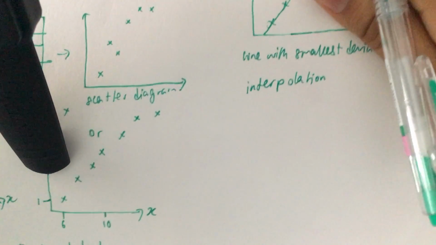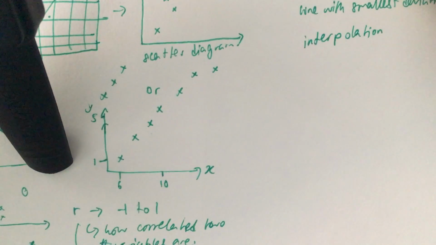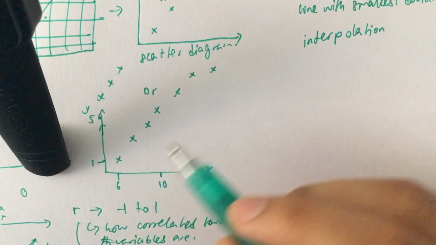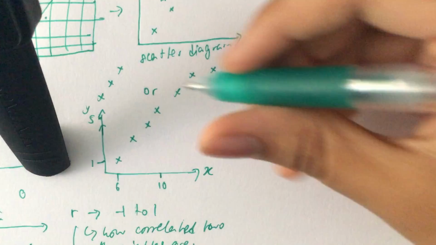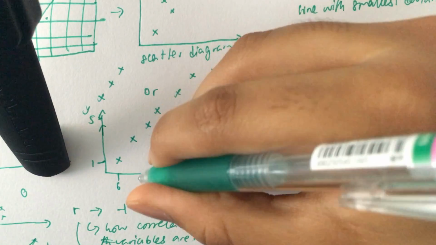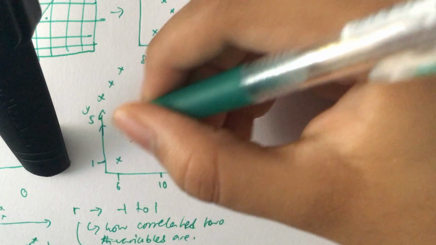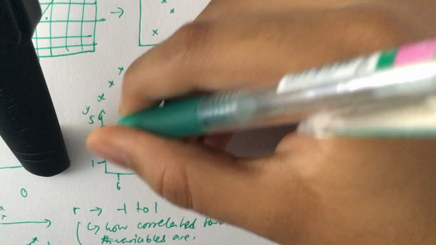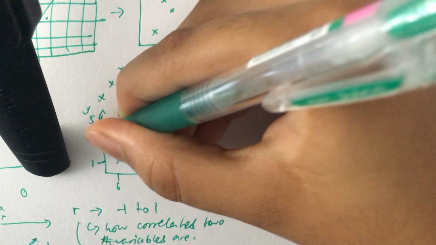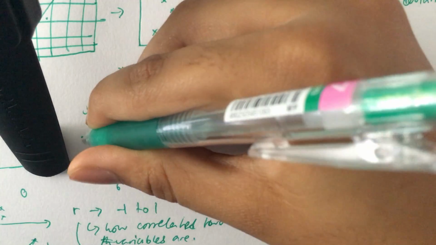If you look at the first example, where you have x from 6 to 10 and y from 1 to 5, you might be trying to predict a point at, let's say, x equals 7.75 or something like that.